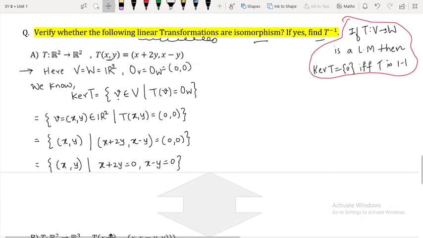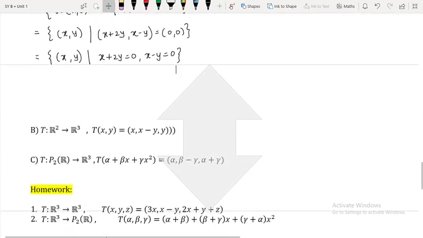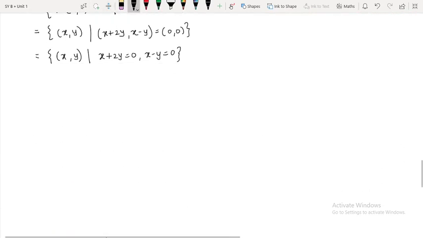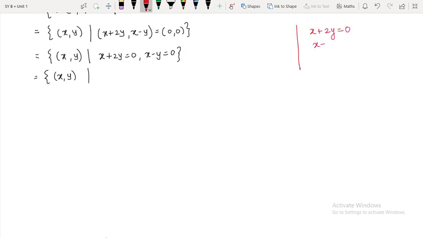Let me make some space. Which is further equal to the set of all (x,y). Now let us solve this system. I will solve it over here on the rough side. So it is x + 2y = 0 and x - y = 0. Multiply the second equation by 2, so it is the same as x + 2y = 0 and 2x - 2y = 0.